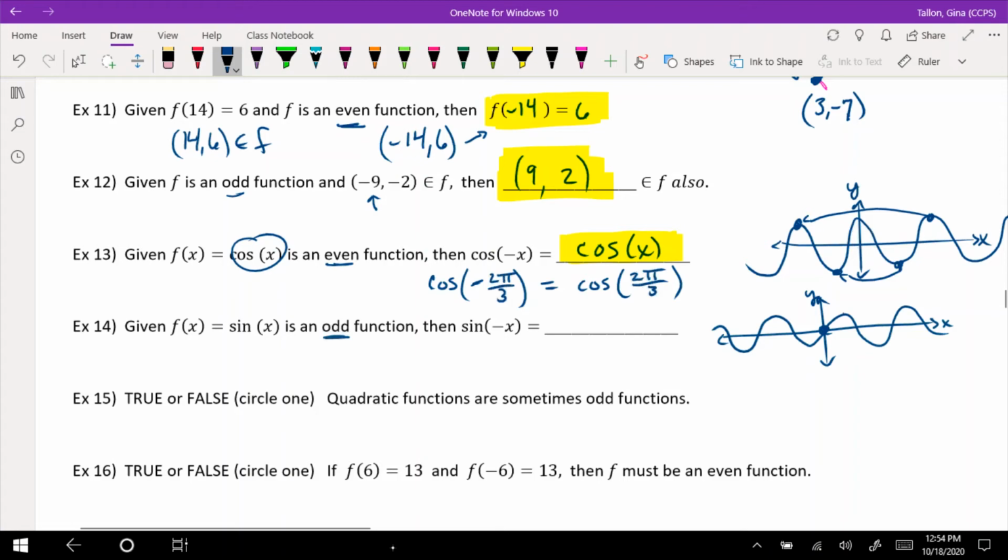If I have this point up here, which would be pi over 2 comma 1, and I rotate 180 degrees, I'm over here, it gives me negative pi over 2 comma negative 1. So when I negate the input, I also negate the output. So this is f of negative x, which is sine of negative x, and that has to equal negative f of x, which would be negative sine of x.